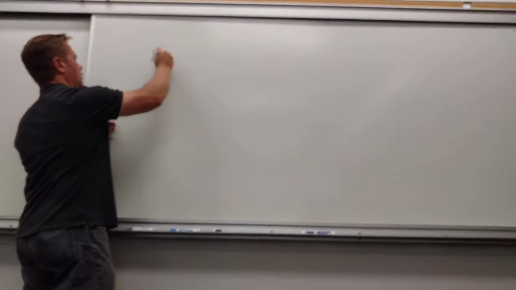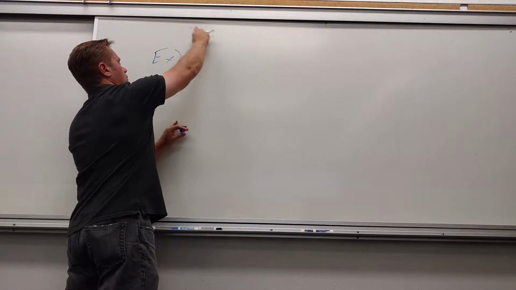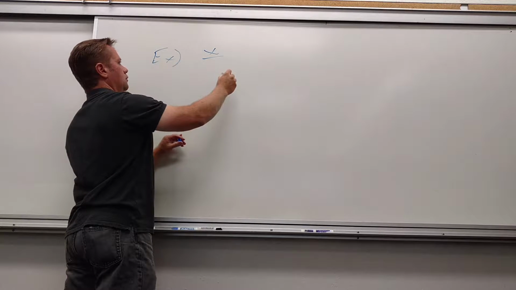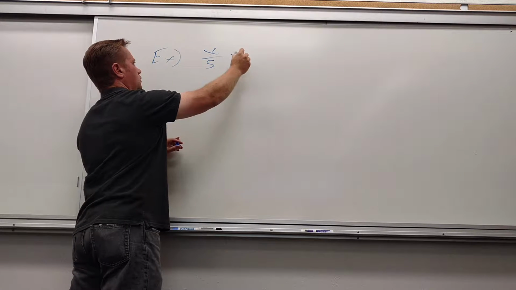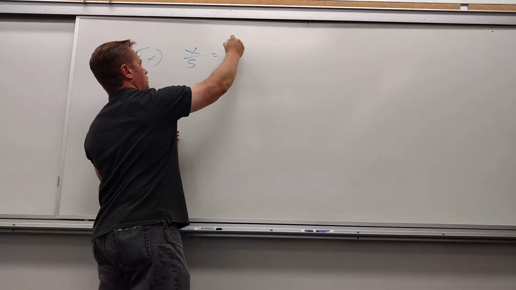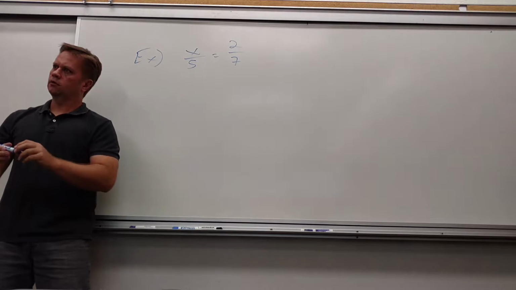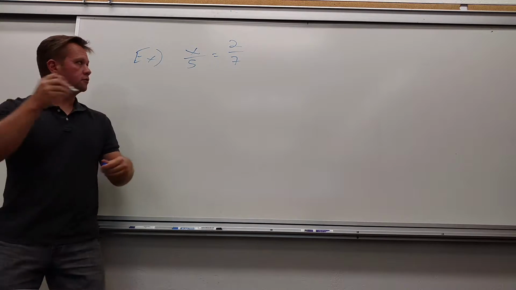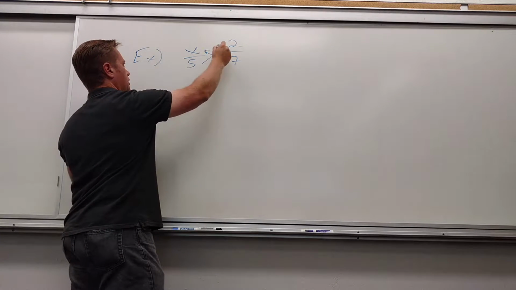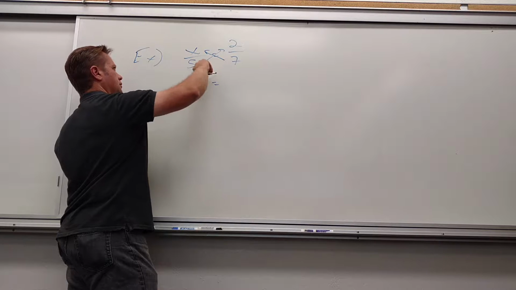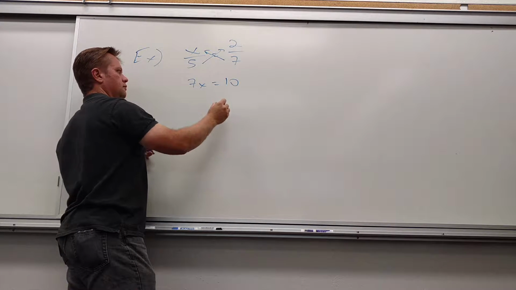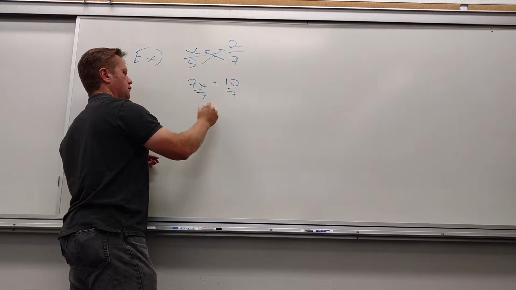X over 4, 2 over 7? Sure. Good. So I can use cross multiplication. That'll be 7x equals 10. Divide by 7. X is 10 over 7.